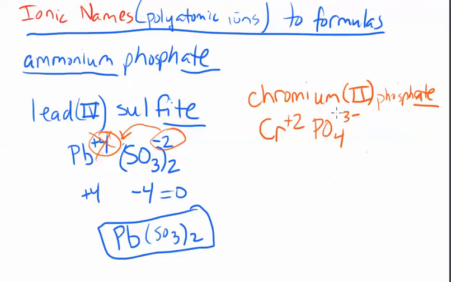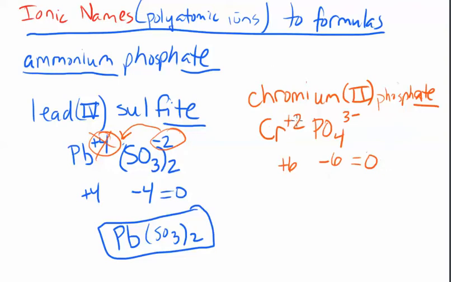So the easiest way to do this is to think, what's the smallest common multiple of 2 and 3? And the smallest common multiple of 2 and 3 is 6. So we want to get a total negative charge of -6, and we want to get a total positive charge of +6, because 6 minus 6 equals 0. In all these formulas, the total charges have to add up to 0.